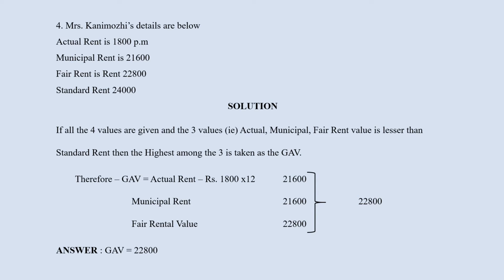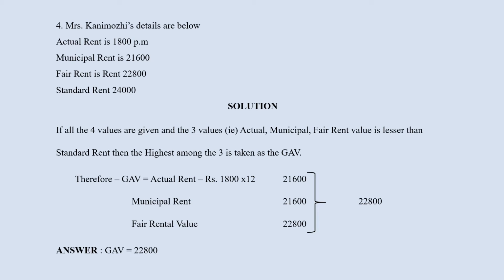Fourth sum is Mrs. Kanimori. Details are below. Actual rent is 1,800 per month. Municipal rent is 21,600, that is per annum. Fair rental value is also given per annum, 22,800. Standard rent is 24,000. Now in this case, all four are given to you.